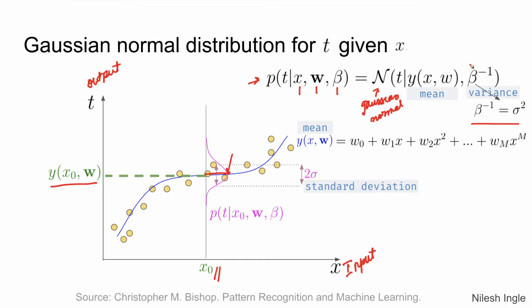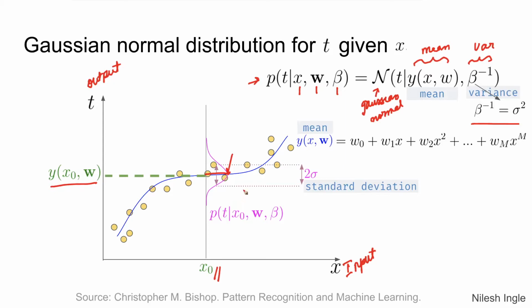This again would be the variance part, and this would be the mean. So that's how the Bayesian regression output works.